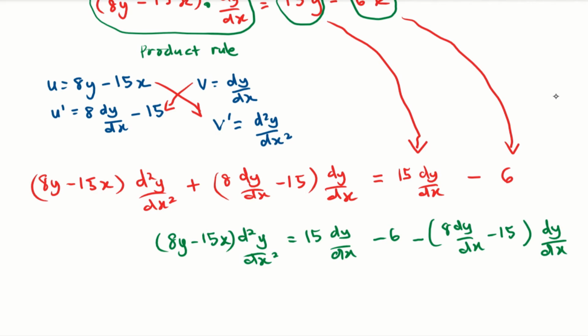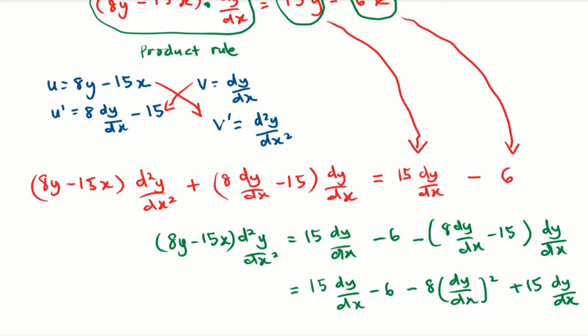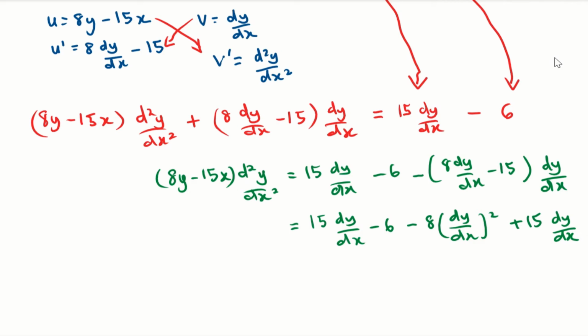Okay, so then we get 15 dy dx minus 6 minus 8 dy dx square plus 15 dy dx. So this is 8y minus 15x d2y over dx square.